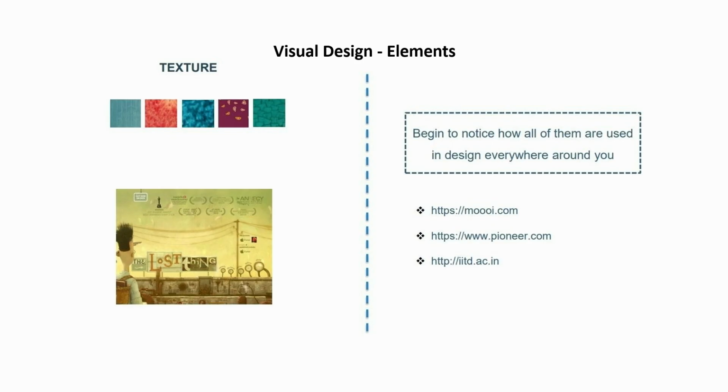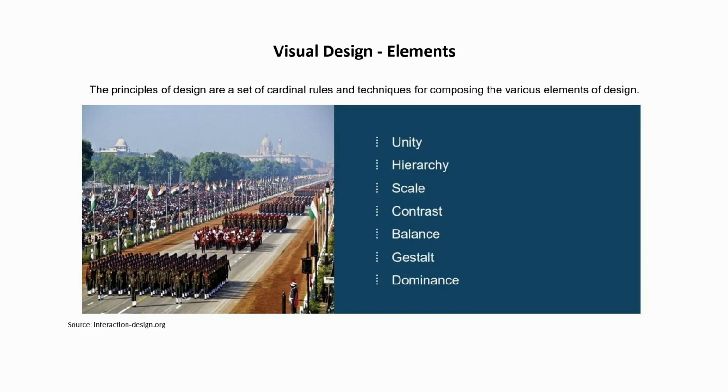Take a look at how the platform looks for IIT Delhi, how the different departments and centers look, what is visually appealing. So let's switch from here to the visual design principles.